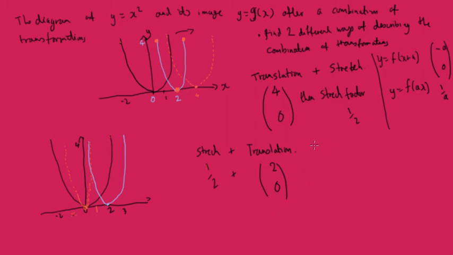Now, we want to use the combinations to find the equation of g of x. So, let's look at what we've got here. So y equals x squared.